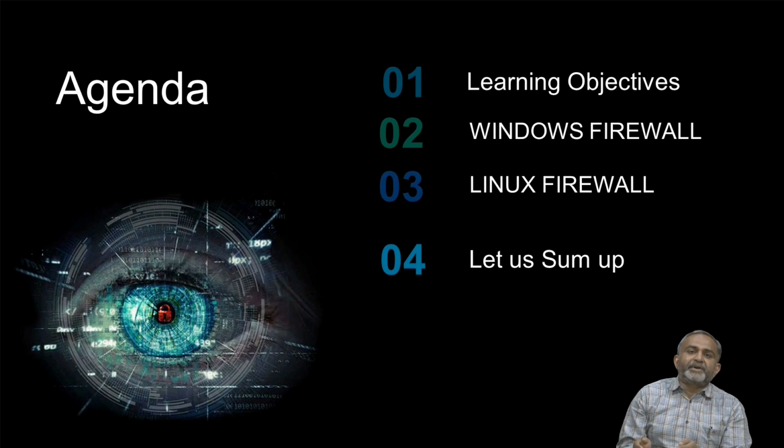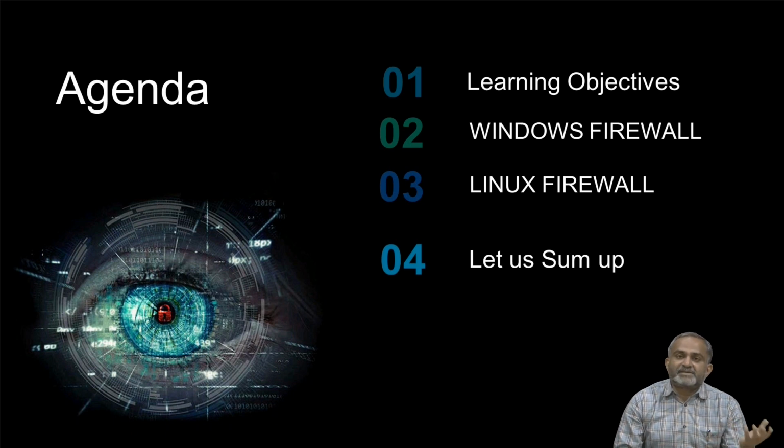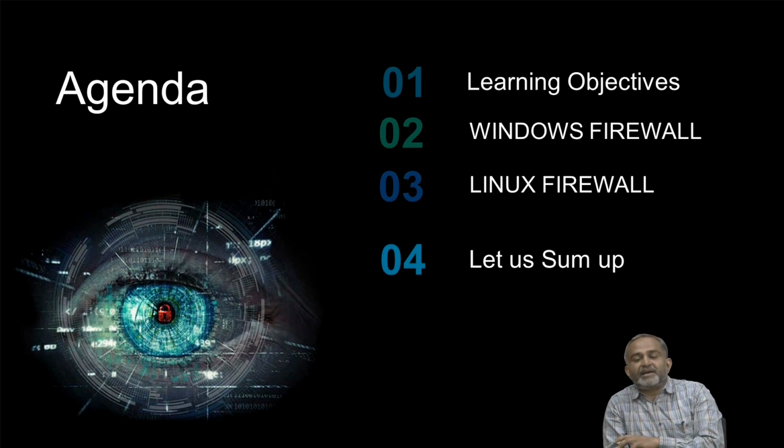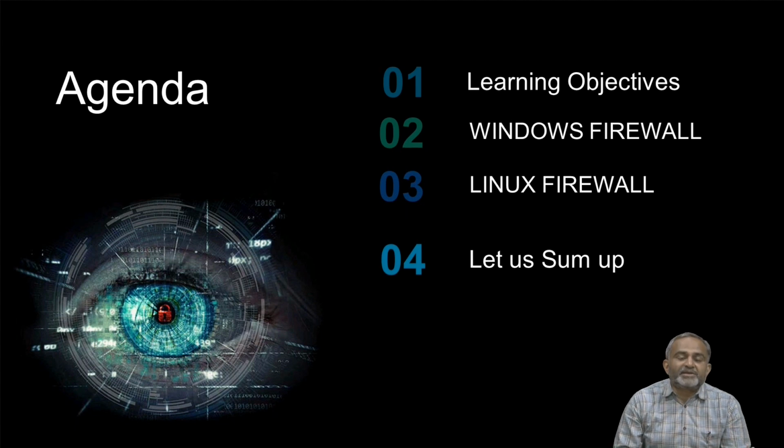In the previous session we discussed the generalized aspects of the firewall, but as far as operating systems are concerned, there are two prominent operating systems for the common user. One is Windows, another is Linux. Both these operating systems have an inbuilt firewall mechanism nowadays, but a significant difference is also available between them.